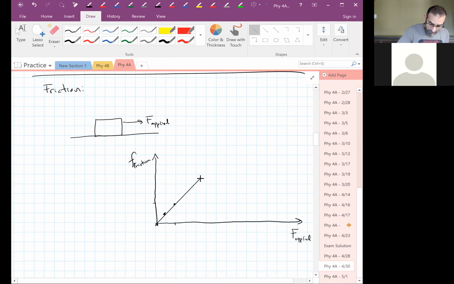Then what happens? I pull a little bit harder, and that box now breaks free and starts sliding along the surface. And when that happens, this does something like this.